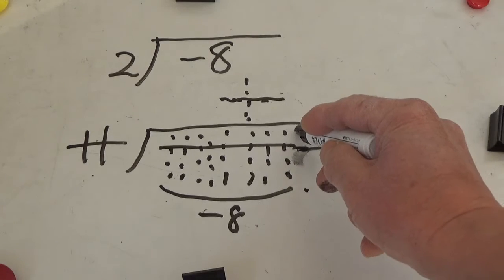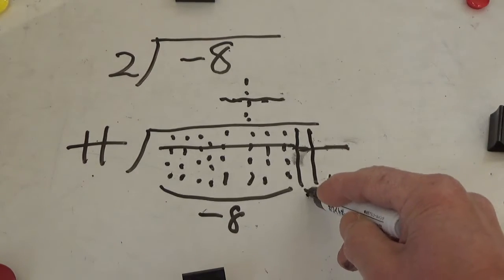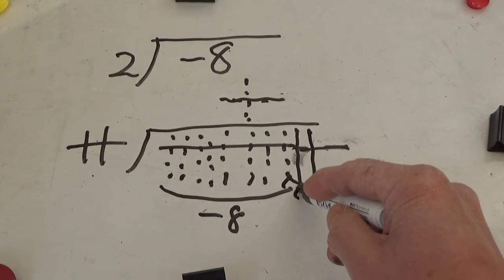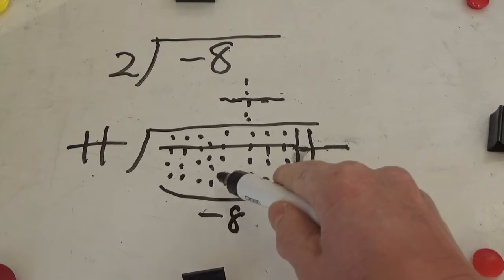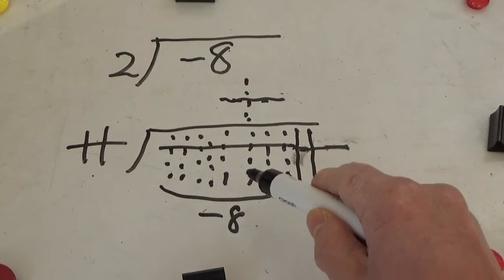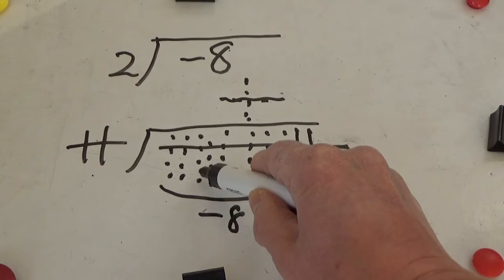It is added, so it becomes like this. This vanishes and this vanishes. Okay, so it became minus 6. 1, 2, 3, 4, 5, 6.